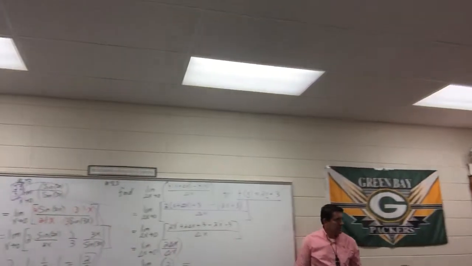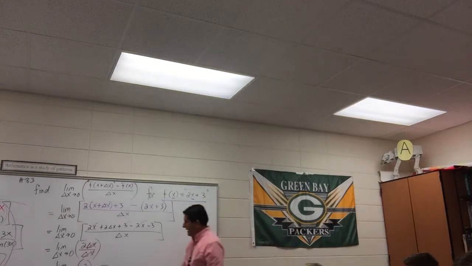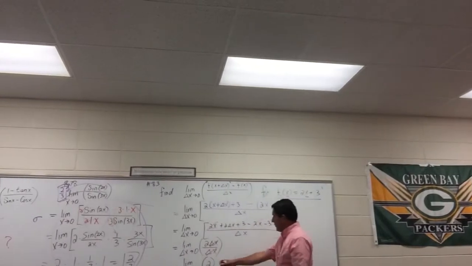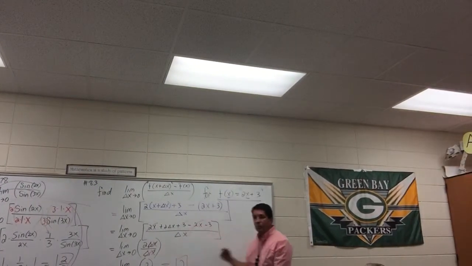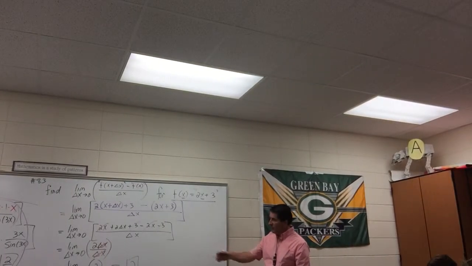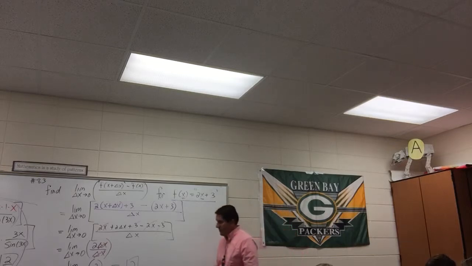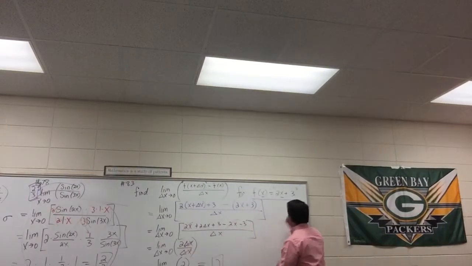What is the limit as delta x approaches 0 of 2? 2. Delta x can actually approach anything it wants to on this problem, and the answer is still going to be 2, because this is the function y equals 2. It's a horizontal line, and the limit as you approach anything will always be 2. What we just did there was we found the derivative of a function. So here's the point.